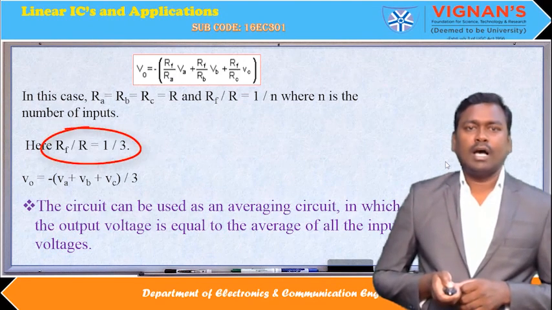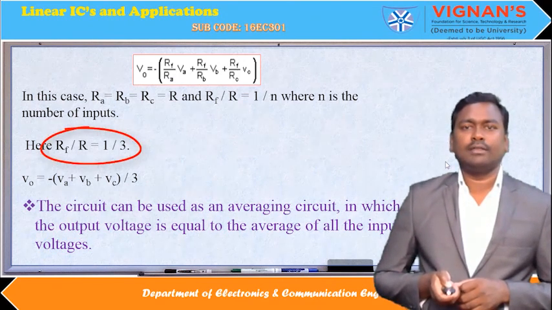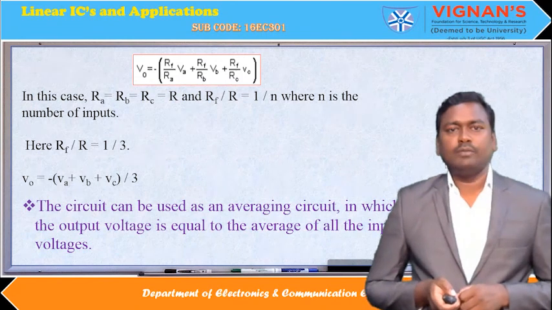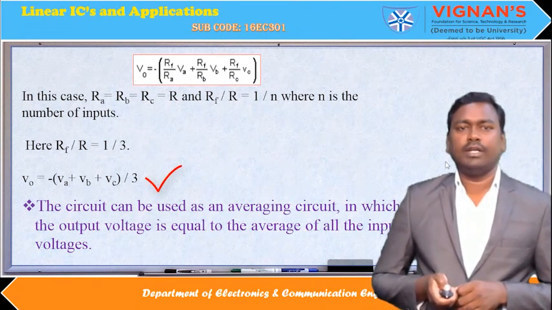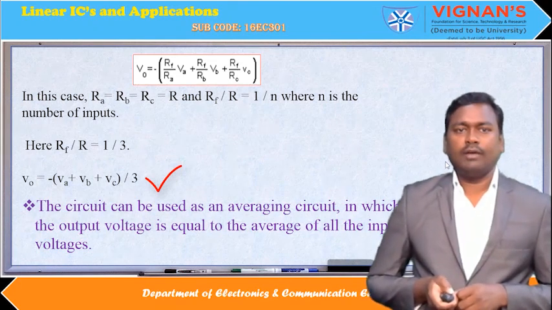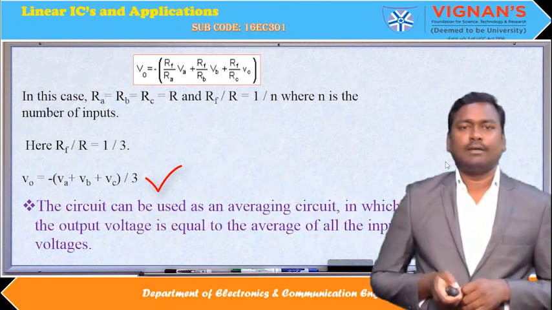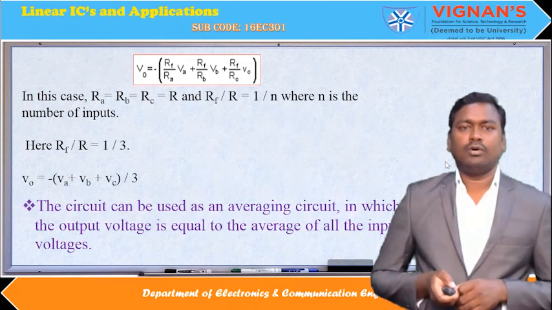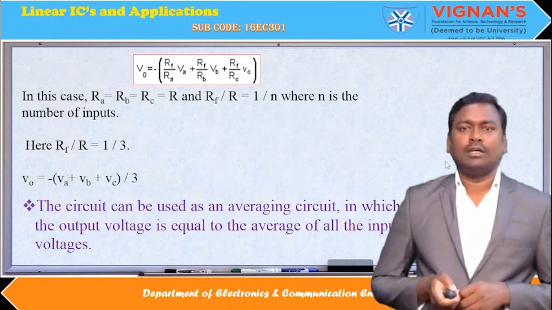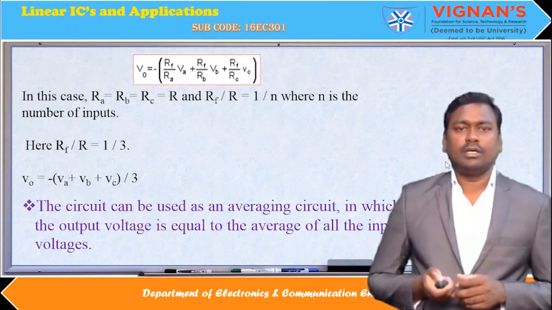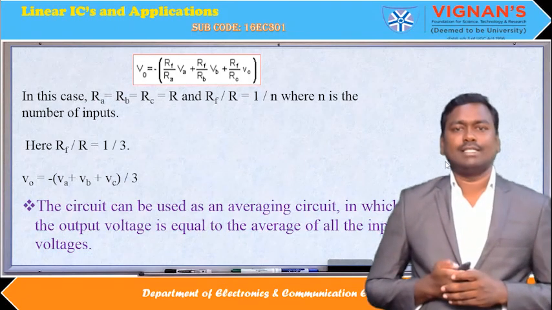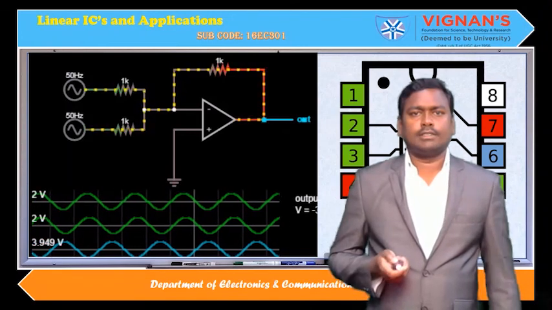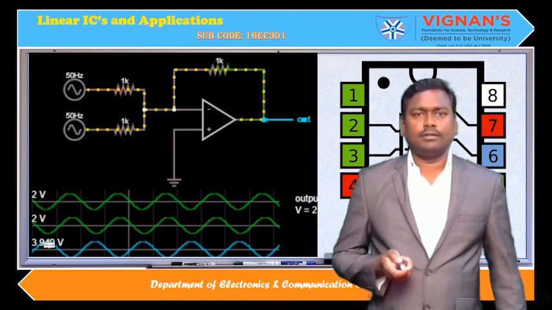In this case, RF by R equal to 1 by 3 because the number of inputs is 3. Finally, the output voltage equation is V naught equal to minus of VA plus VB plus VC by 3. Therefore, the circuit can be used as an averaging circuit in which the output voltage is equivalent to the average of all the input voltages.